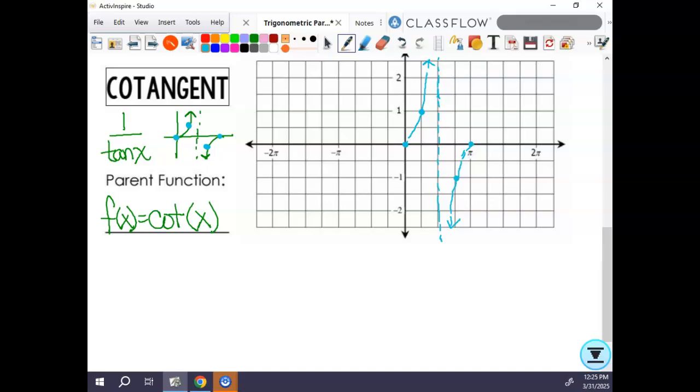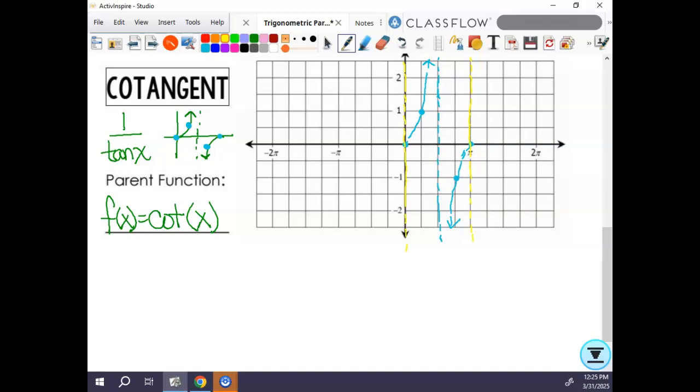Okay. So just like for sine and cosine, when tangent is 0, when I take the reciprocal, that means that cotangent will have a vertical asymptote. So I'm going to put a vertical asymptote everywhere that tangent is 0. Okay, tangent is 0, it's 0 in pi.